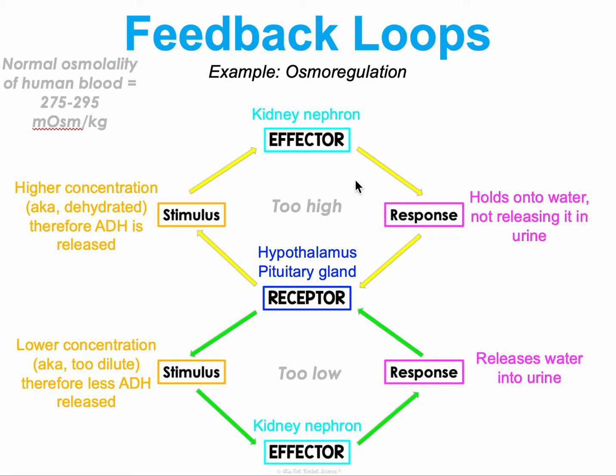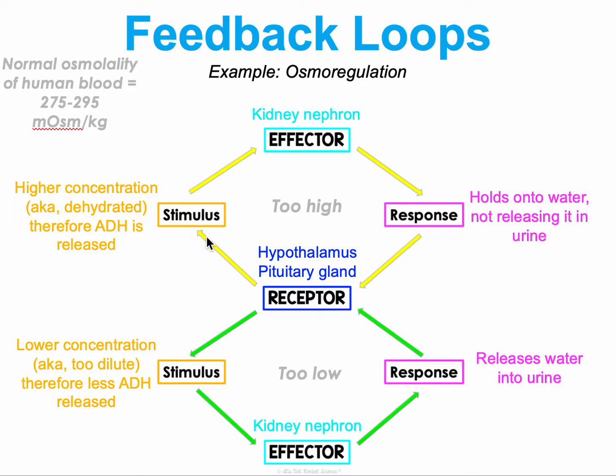But when your osmolality is too high, the hypothalamus in your brain is going to be the receptor organ that receives the signal that your blood is too concentrated, which means it's above its normal range. And this also means that the water level is too low and you are very dehydrated. So that is going to be the stimulus.